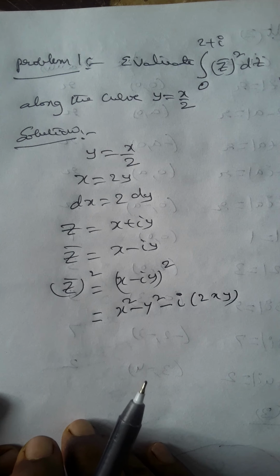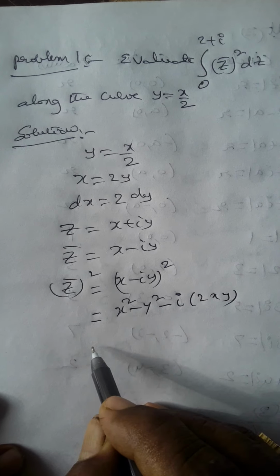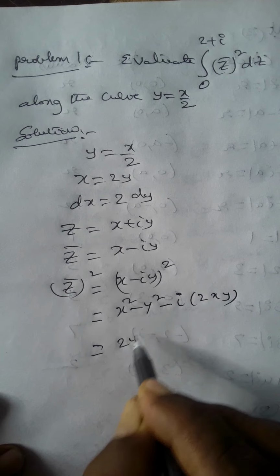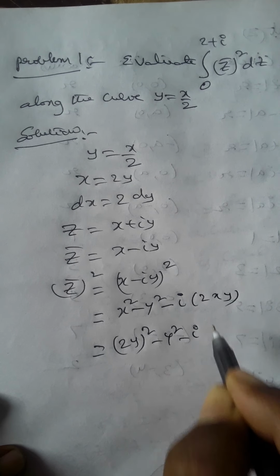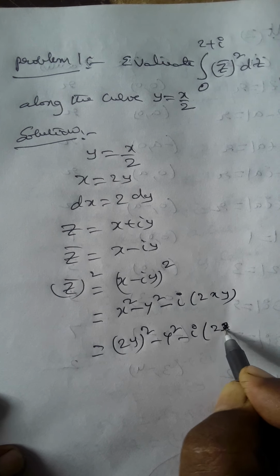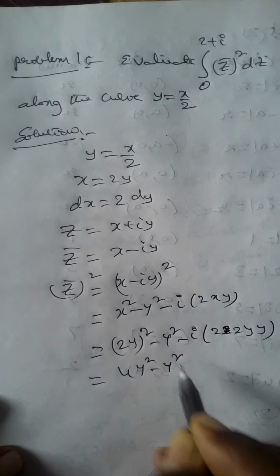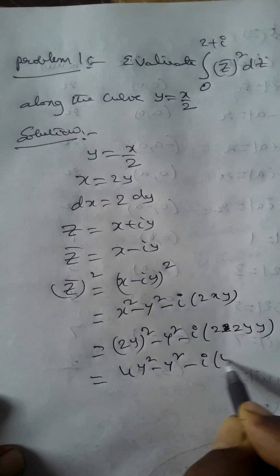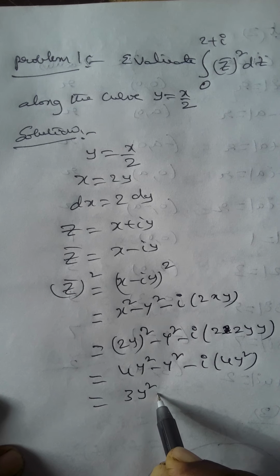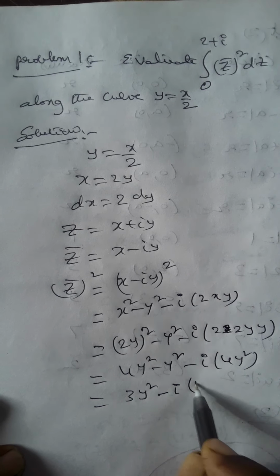Here the integral is a single integral, but two variables are there. You write 2y instead of x: 2y whole square minus y square minus i into 2 into 2y into y, which is 4y square minus y square minus i into 4y square. 4y square minus y square is 3y square minus i into 4y square.